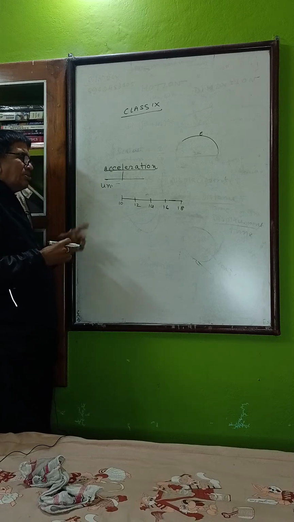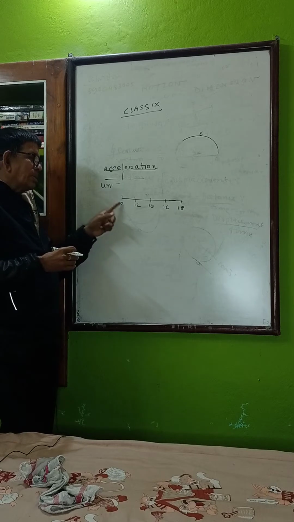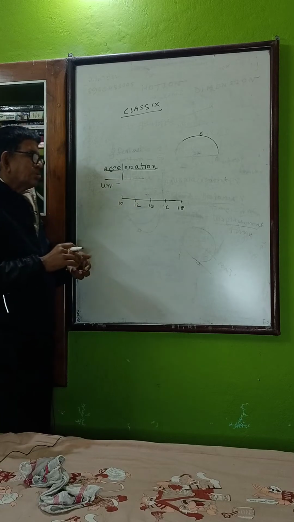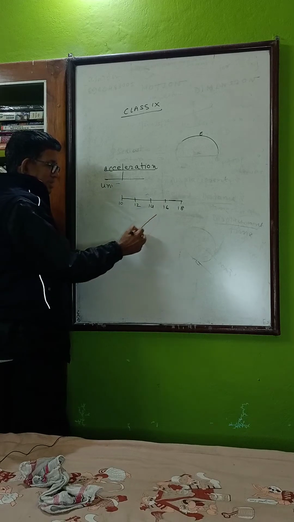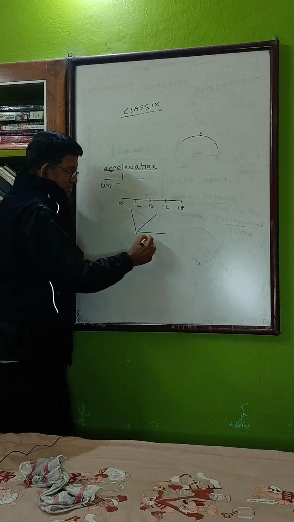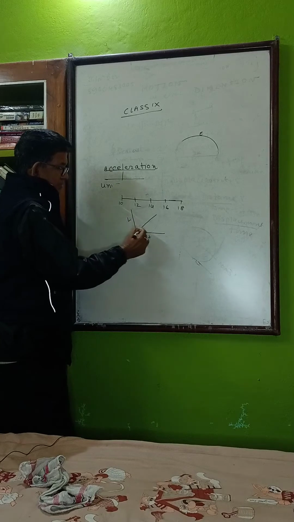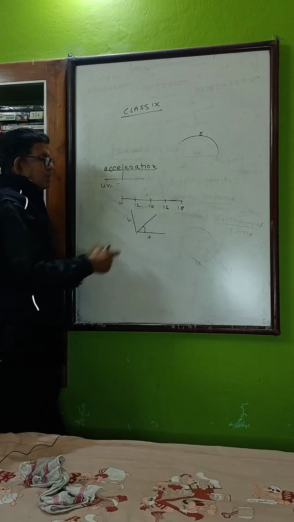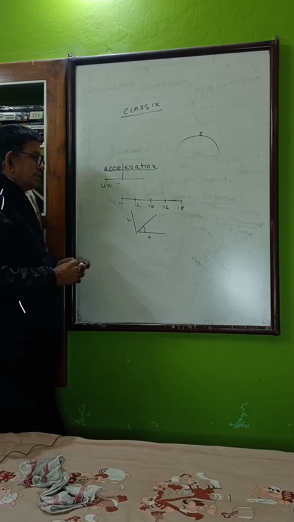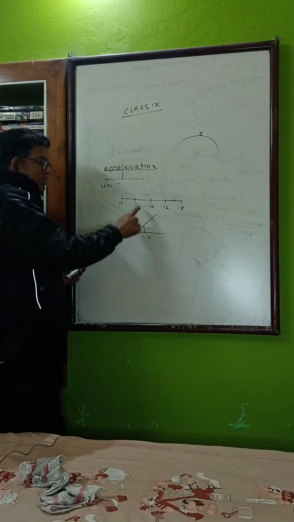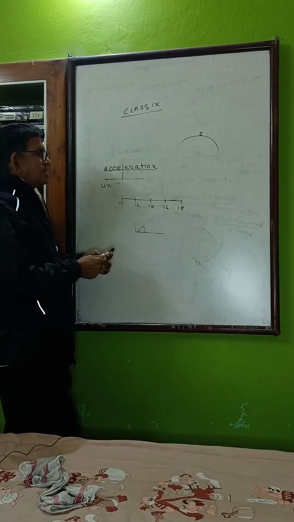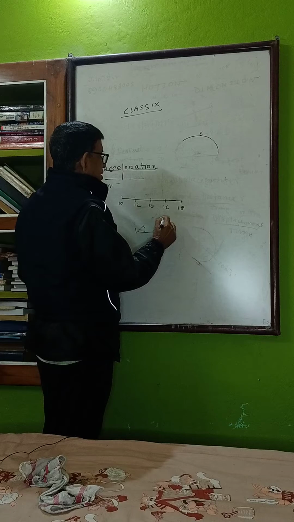It is clear to us that every 1 second velocity increases by 2. So I should say velocity is gradually increasing with time. That means the slope, tan theta of the v-t graph, is the acceleration. The slope is constant. The slope of the v-t graph will give you this acceleration. The acceleration is defined like this.